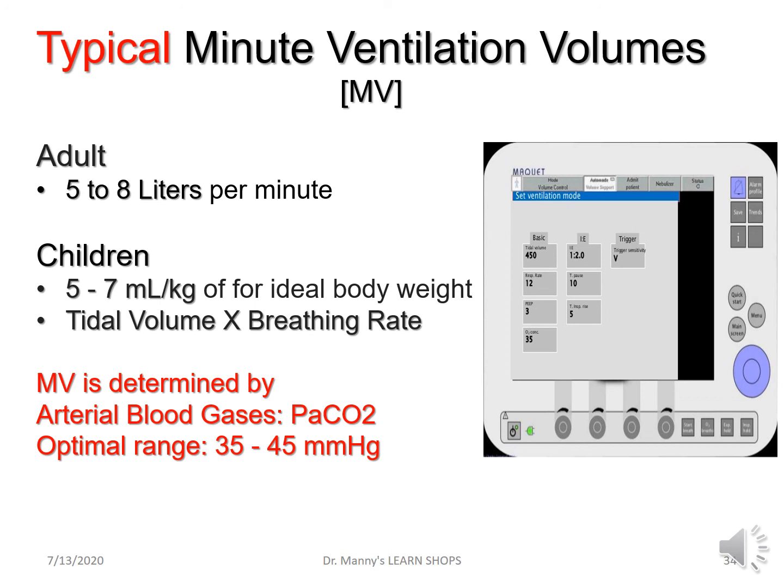Multiplying the tidal volume by the breathing rate will give us the minute ventilation volumes. But minute ventilation is determined by arterial blood gas analysis, the PaCO2. And the optimal range, as we indicated previously, is about 35 to 45 millimeters of mercury. Let's aim for a mean of 40 millimeters of mercury.